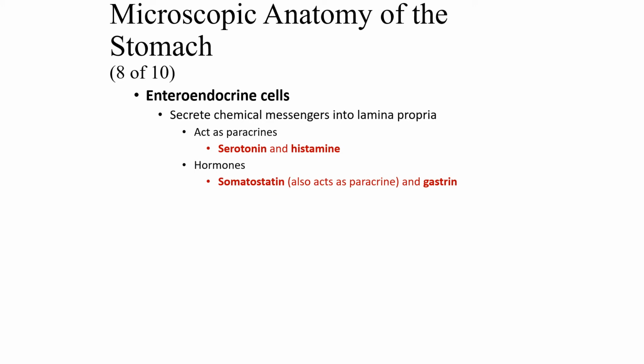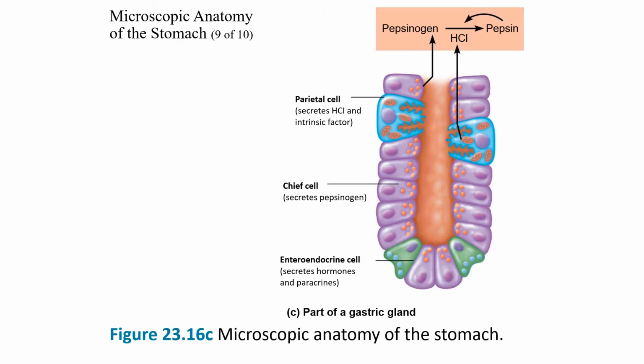If you would like to think of these four as hormones, that's fine with me because that's what I do. I just remember that they work locally, and that's why they're called paracrines. So serotonin, histamine, somatostatin, and gastrin.